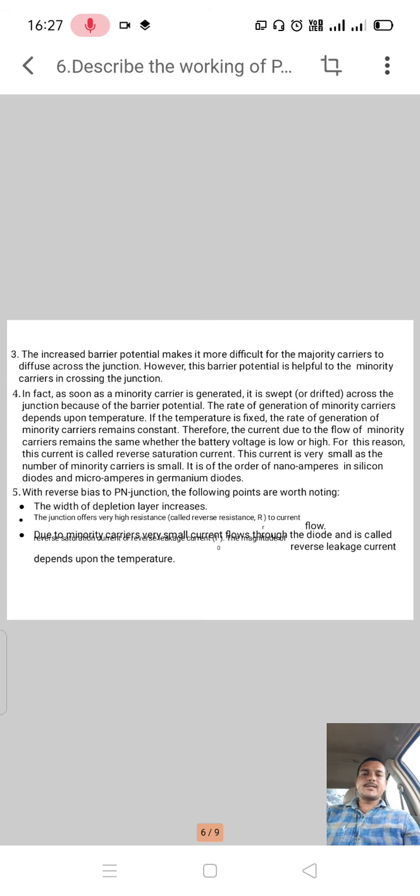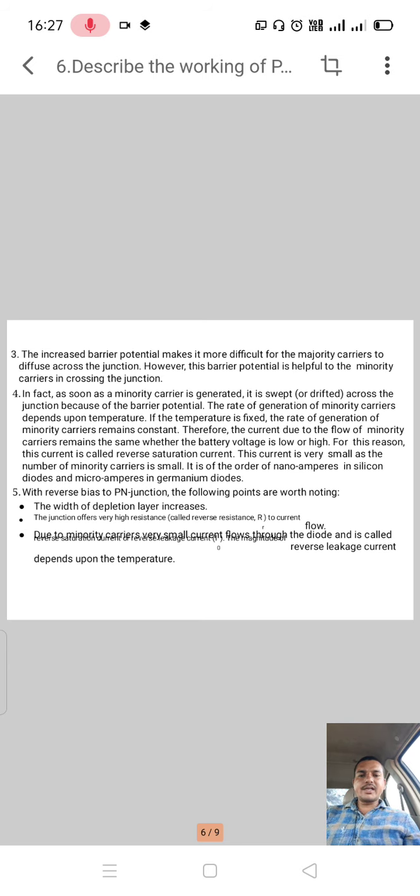With reverse bias to a PN junction, the following are important points. First one, the width of the depletion layer increases. The junction offers very high resistance, called reverse resistance, to current flow.